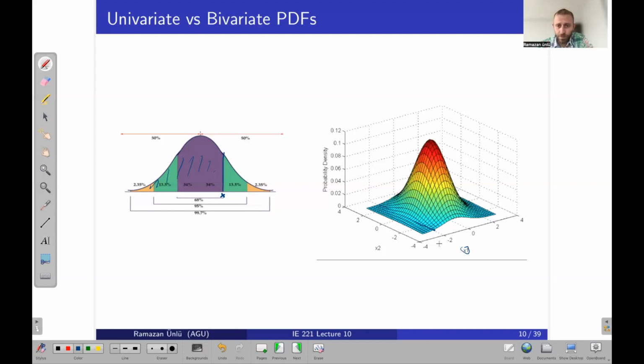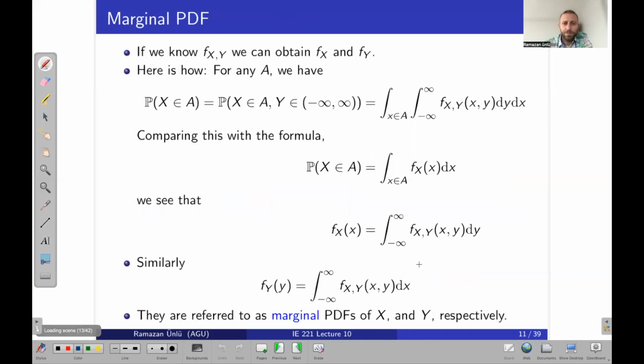So what I mean is, if I want to calculate the probability of, let's say, x and y between -2 and 2, I have to calculate the volume under this region, okay? And the total volume under all regions is 1. So the idea is similar.